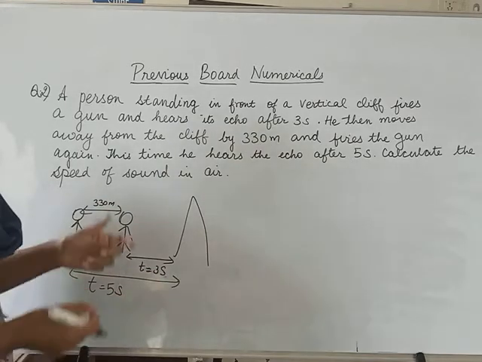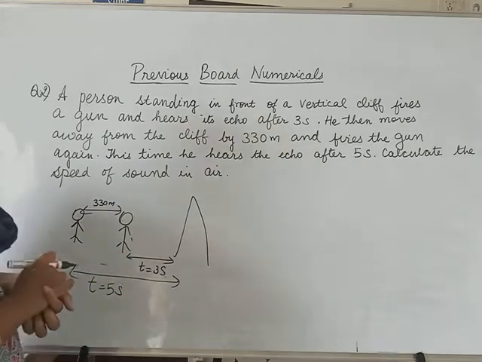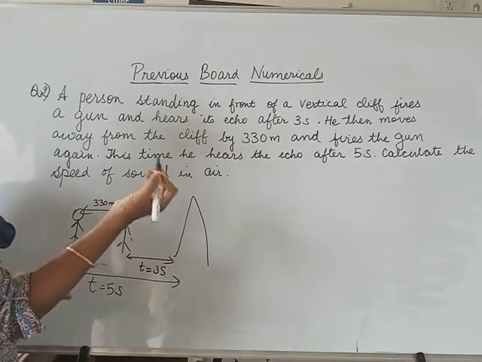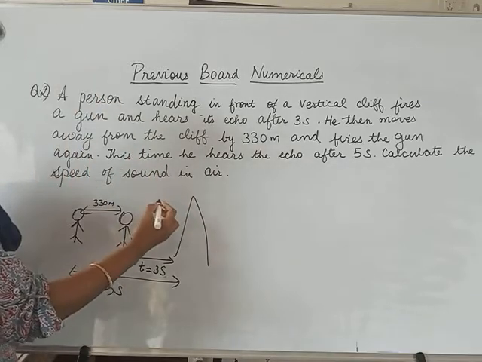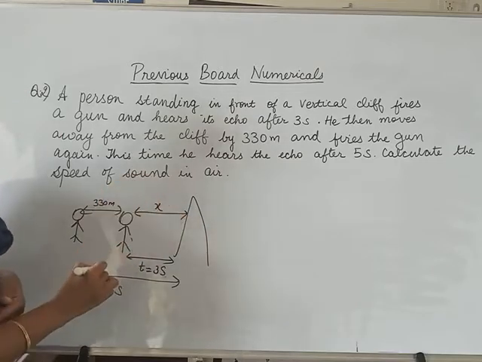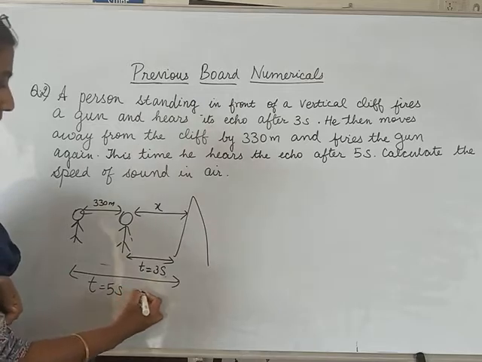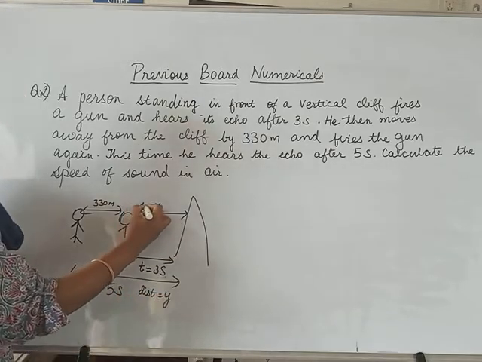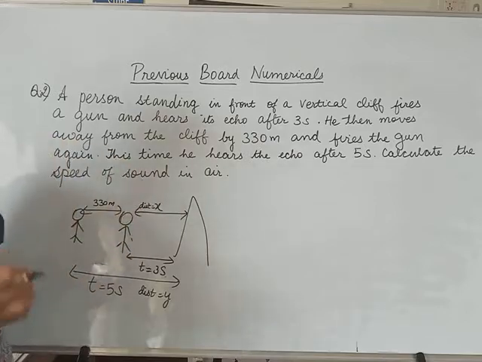Now we are asked to calculate the speed of sound in this medium. Let's take some x and y and then it will be easy for us to solve. Let's take this distance as x and this distance as y.